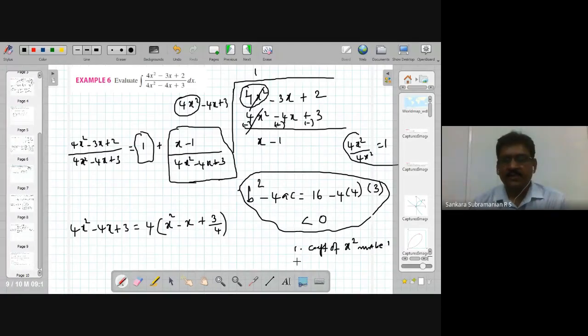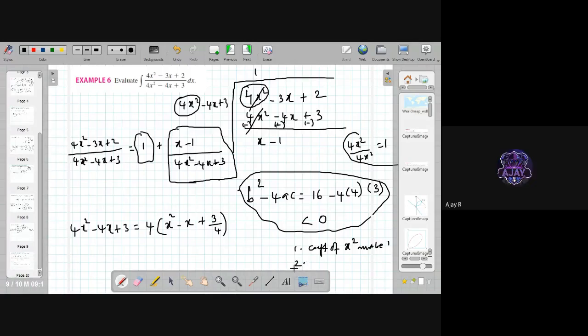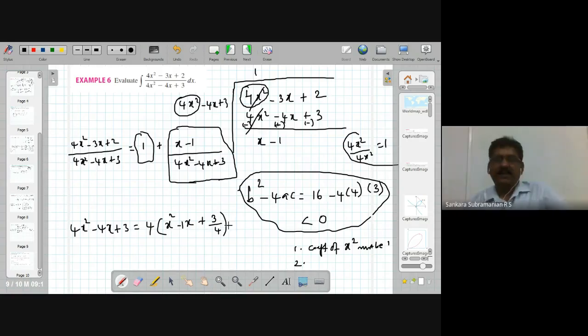அப்புறம் சார், what is step number 2? Add and subtract half of the coefficient of x, sir. Half of square of x. நீங்க சொன்னதவே நான் 3 ஸ்டெப்பா சொல்றேன். Coefficient of x square என்னன்னு பார்க்கணும்.